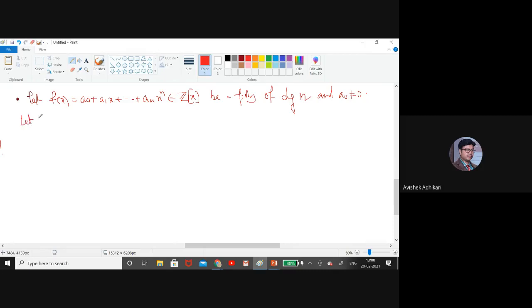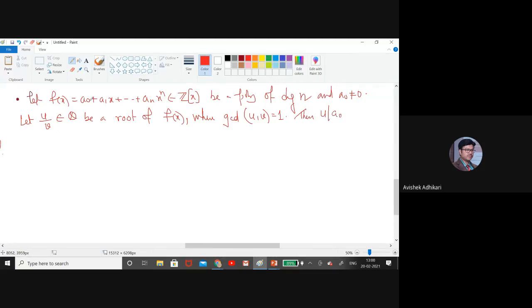Let u by v belongs to Q be a root of f(x), where GCD of u, v equal to 1. Then u must divide a0.